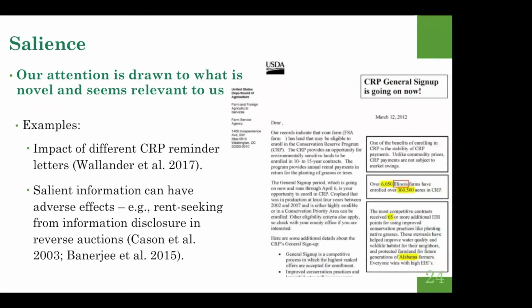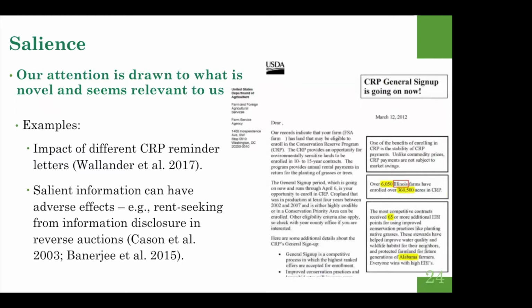All right. With salience, we know that our attention is drawn to things that seem novel and really relevant to us, right? That this matters to me as an individual. It's not just general information that's being provided.